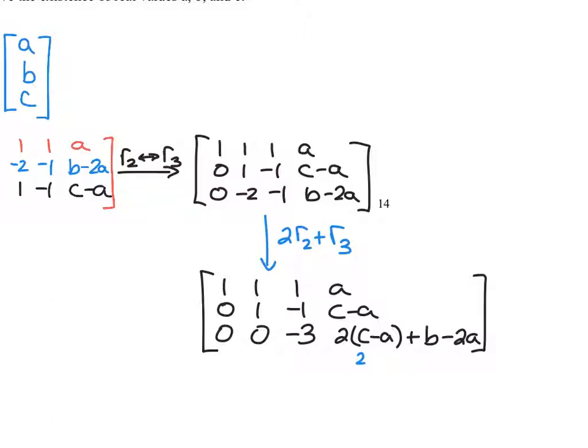So I'm just going to do it off on the side here. 2C minus 2A plus B minus 2A, which all simplifies down to 2C minus 4A plus B. Any order you want, it doesn't really matter. Just make sure if you move things around, bring the signs with them, obviously, but aside from that, it's okay.